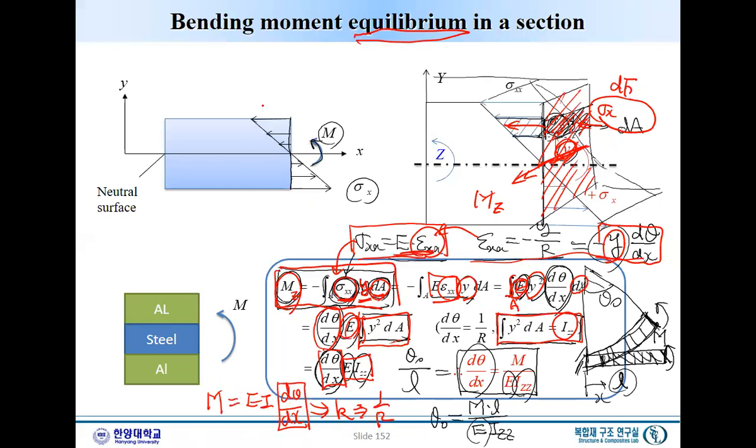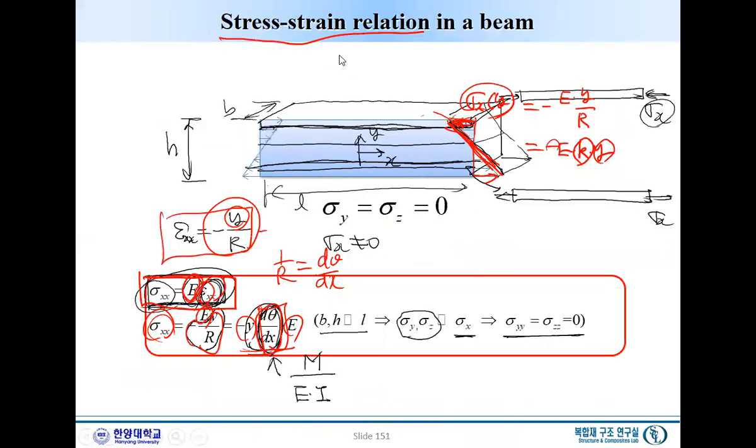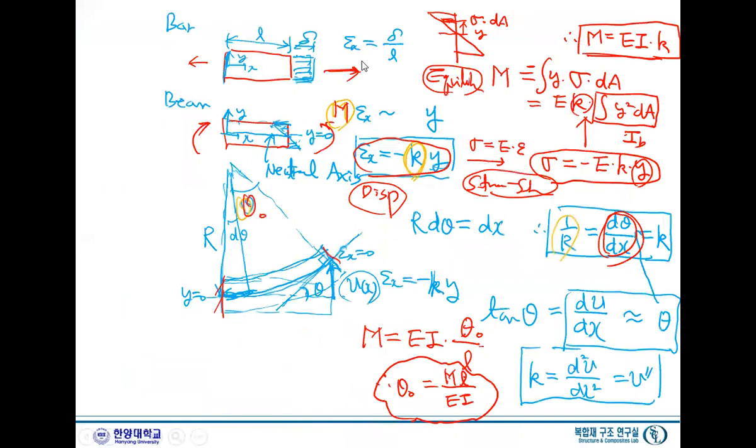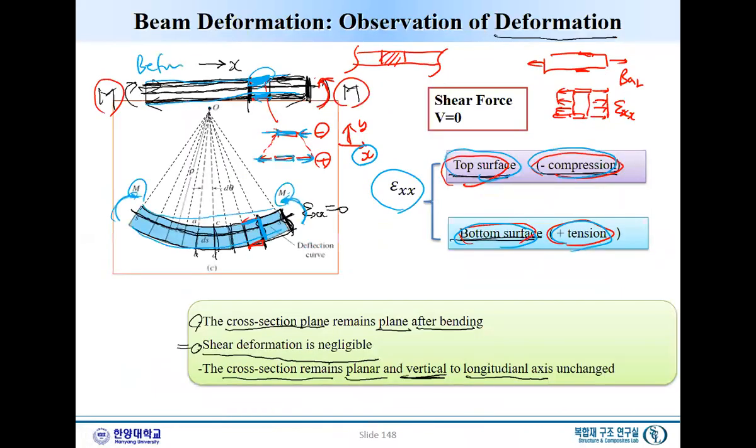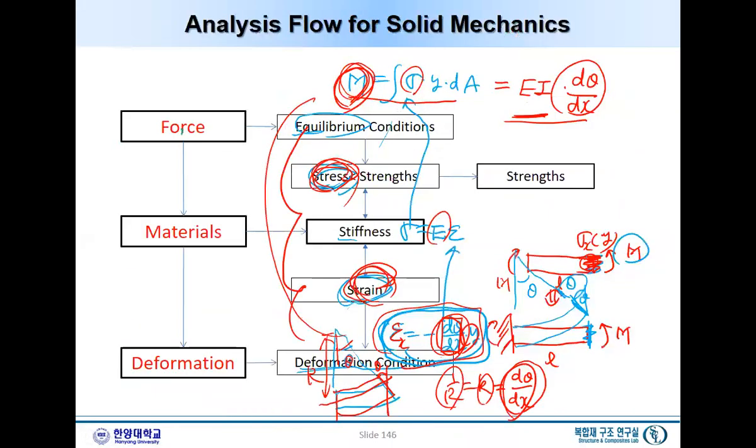Well, simply you can say moment equals EI K. See, that was the one we wanted to obtain, as I mentioned at the very beginning, right? M equals EI d theta dx. So this is the final equation in this chapter 10.